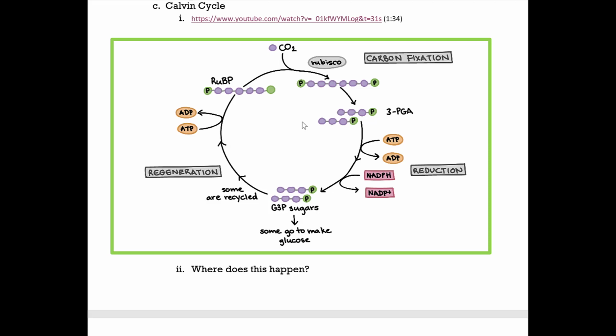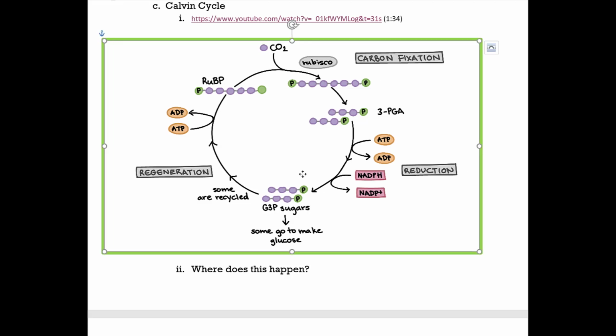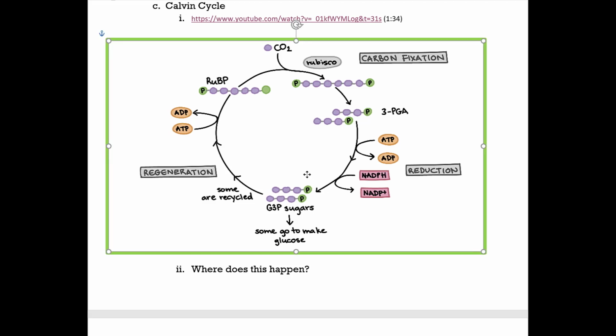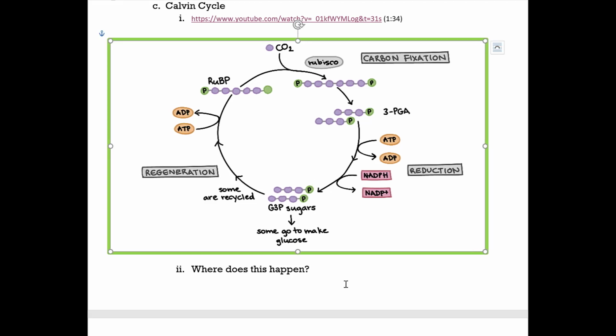That reaction would require so much energy that going through this cycle is energetically favorable for a plant. The plant would spend so much energy trying to build an organic molecule from scratch that the plant would not survive the process.